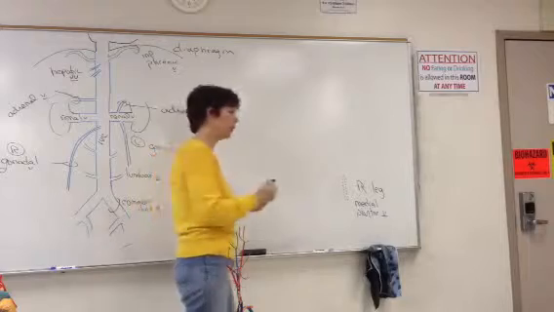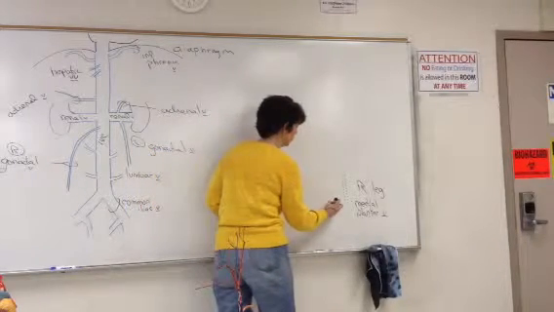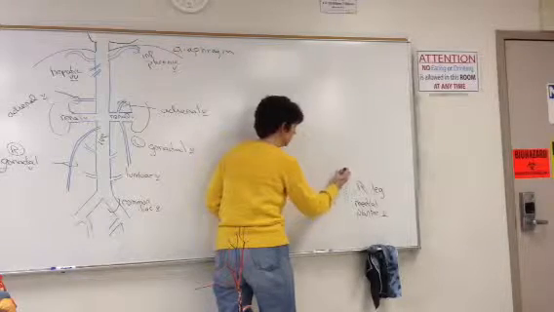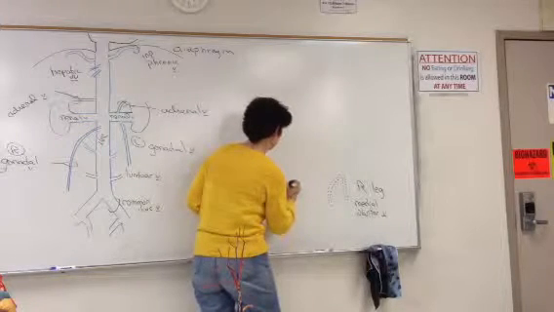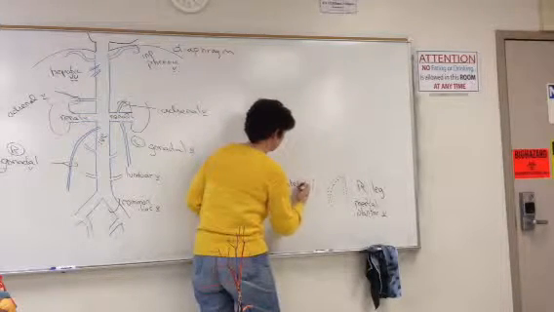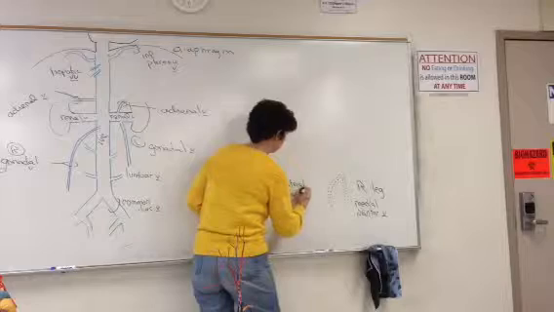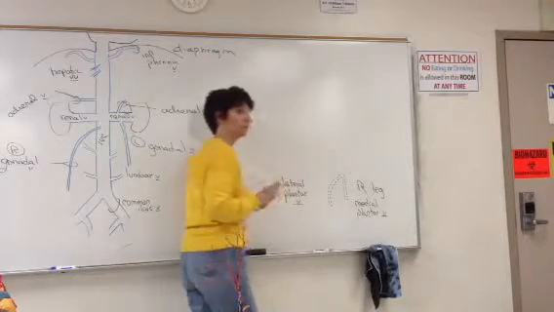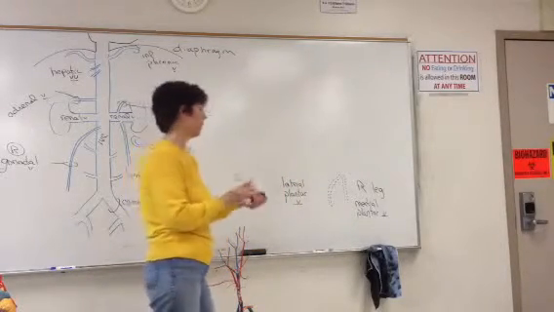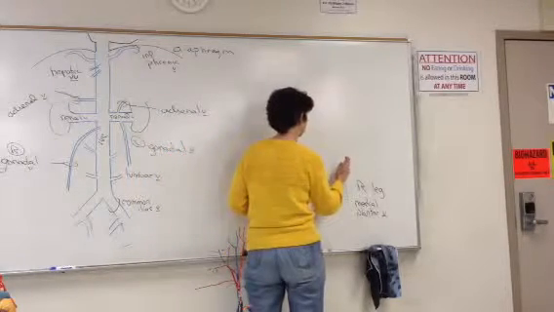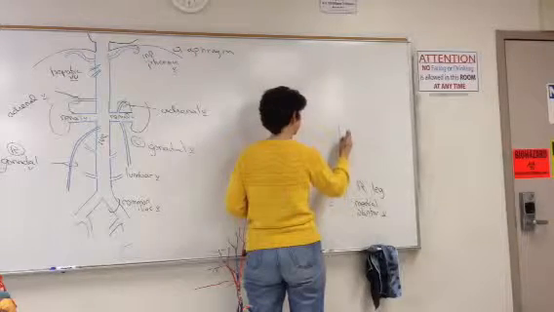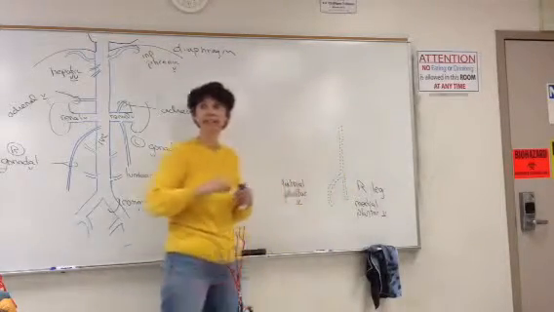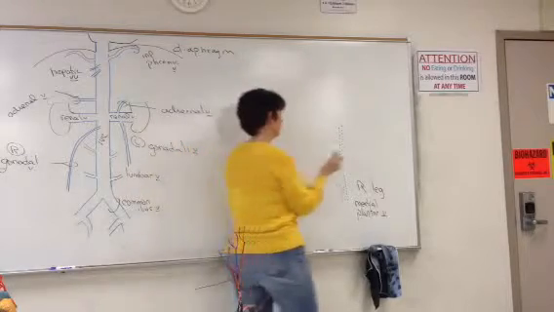Coming from the little toe towards the heel, we would have the lateral plantar vein. And those two veins would join together to form what vein? The back of the leg, posterior tibial vein.